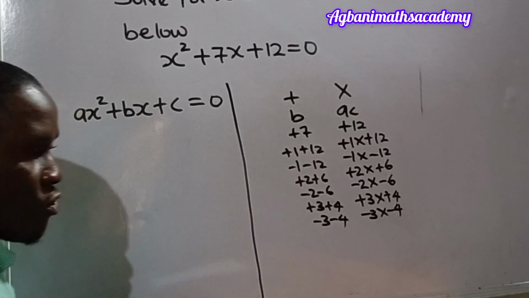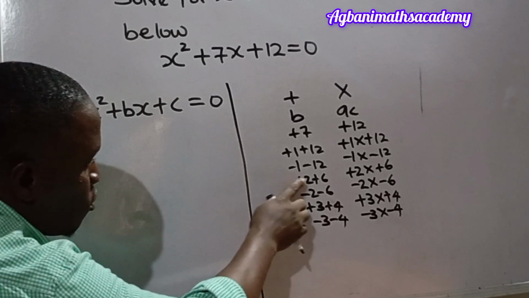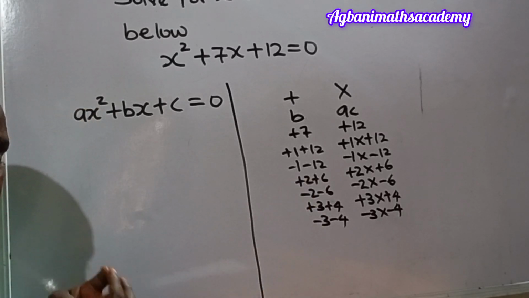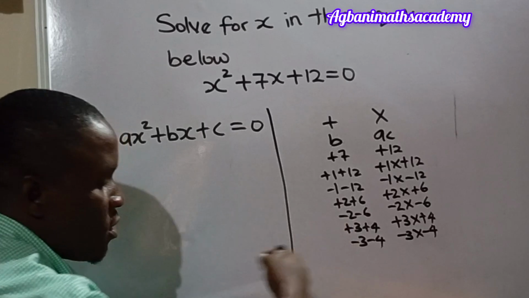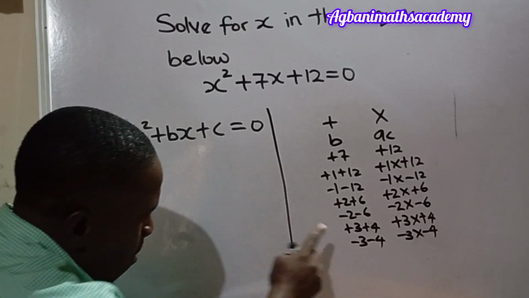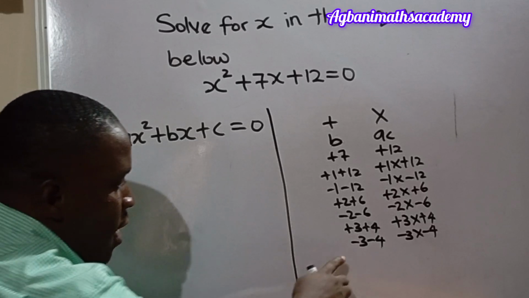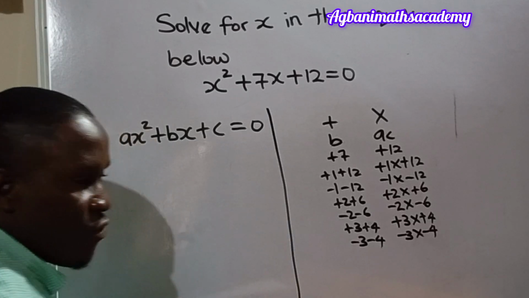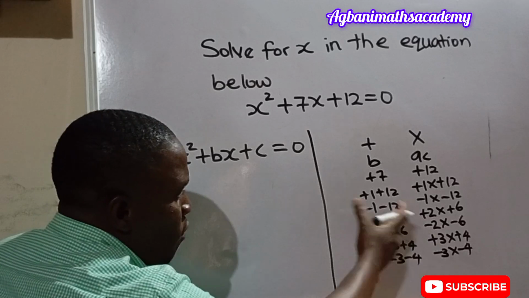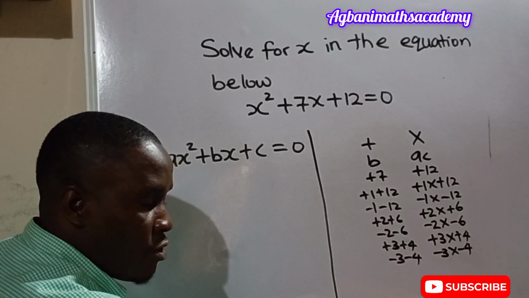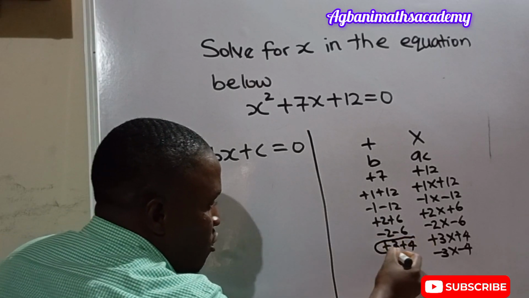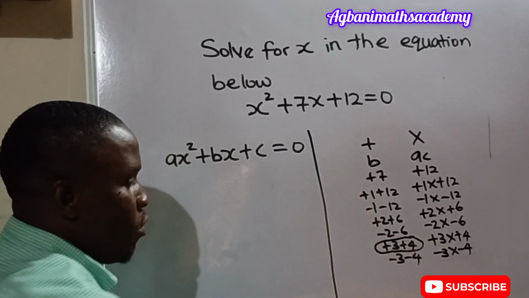Minus 1 minus 12 gives us minus 13. Plus 2 plus 6 gives us plus 8. Minus 2 minus 6 gives us minus 8. Plus 3 plus 4 gives us plus 7. And minus 3 minus 4 gives us minus 7. So out of all the different groups of values, this is the only combination that will give us plus 7.